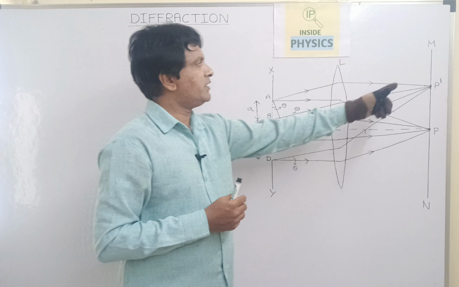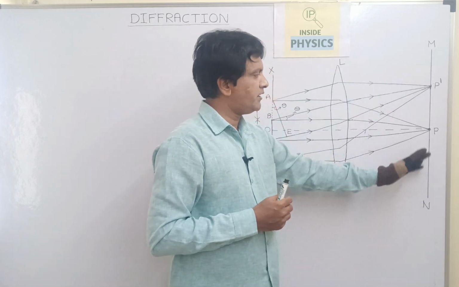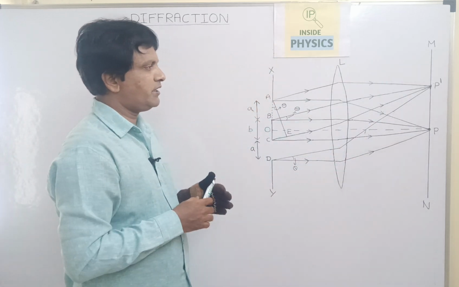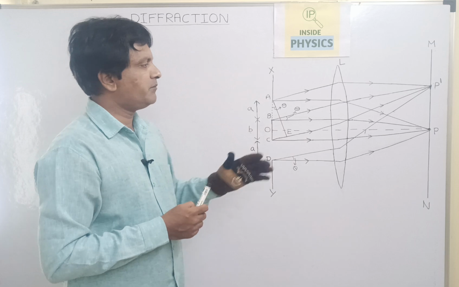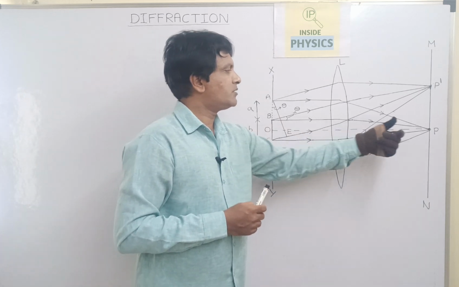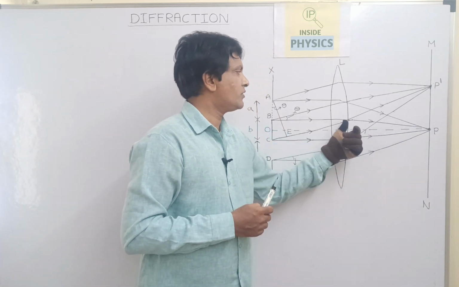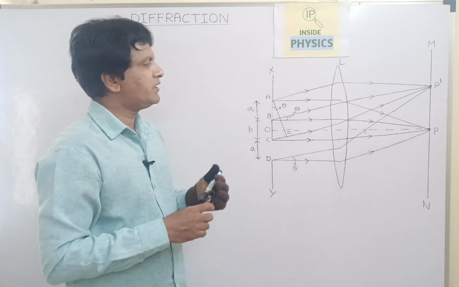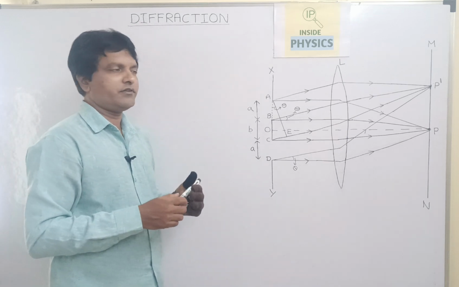This screen MN is the screen through which we observe the diffraction pattern with a microscope, and this point P is exactly at the focus of this lens, so we can clearly see the diffraction pattern.